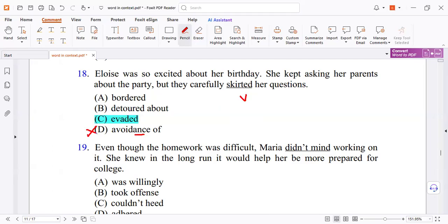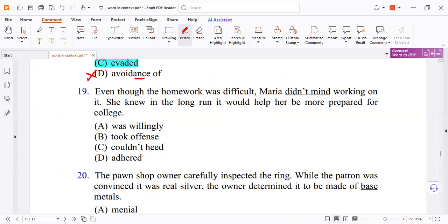Never forget to search for the word. This one is C. Letter C. No. Try again.